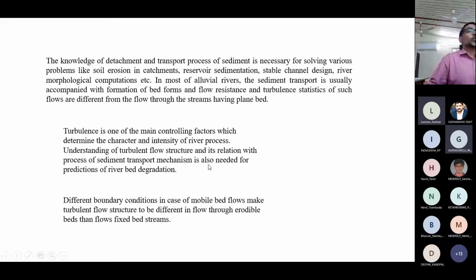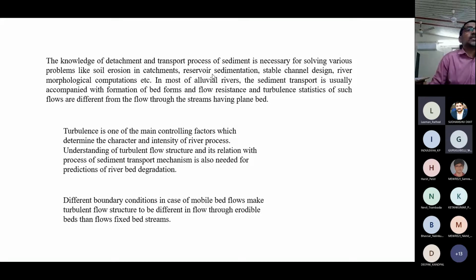Right. So as we know, knowledge of detachment and transport process of sediment is necessary for solving various problems like soil erosion and catchment, reservoir sedimentation, stable channel design, river morphological computations, etc. And in most of the alluvial rivers, sediment transport is usually accompanied by formation of bed forms, and the flow resistance and turbulence statistics of such flow are different from the flow through streams having a plain bed.